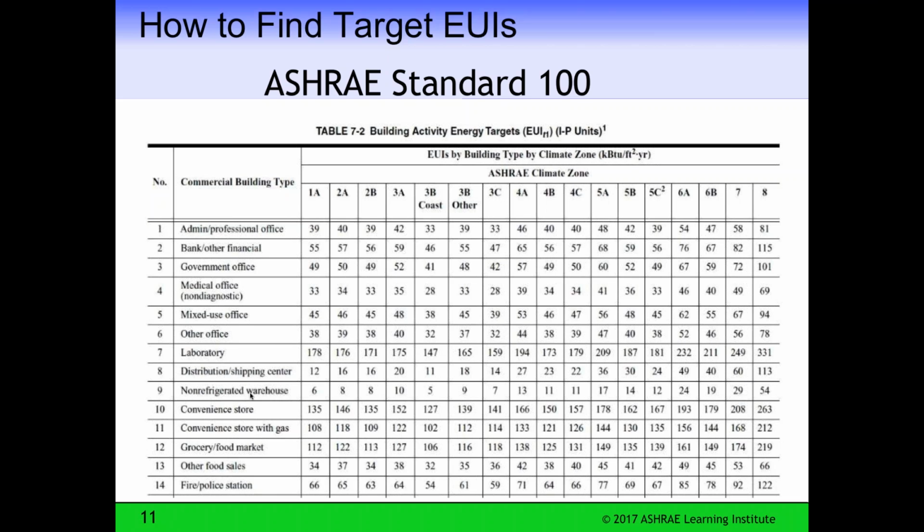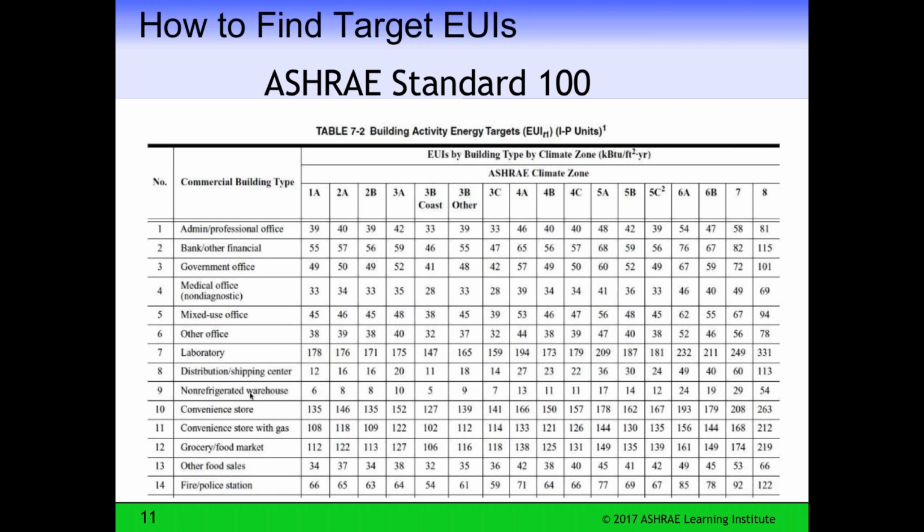Mac, I'm going to let you talk about these two tables. This is slides 11 and 12. These are from Standard 100. Yes. Many times people ask us, if they're starting to work on a building or retrofitting a building, where they can find the EUI targets, or what is a good EUI for this building.